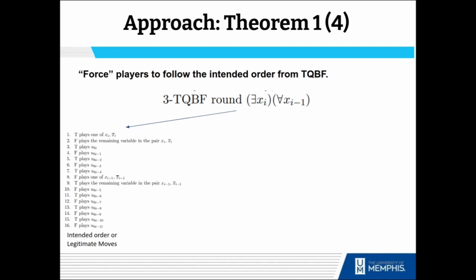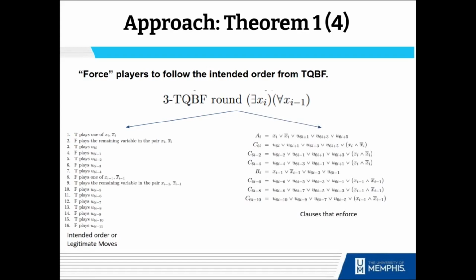For a Maker-Breaker game we have created 16 variables for this one TQBF round, and in order to force players to play in this intended order that simulates this TQBF round, we created these 6 clauses. These clauses enforce the intended order. Schaefer designed it with 11 clauses, but we improved it to 6 clauses. That is the main difference between our proof and Schaefer's proof.